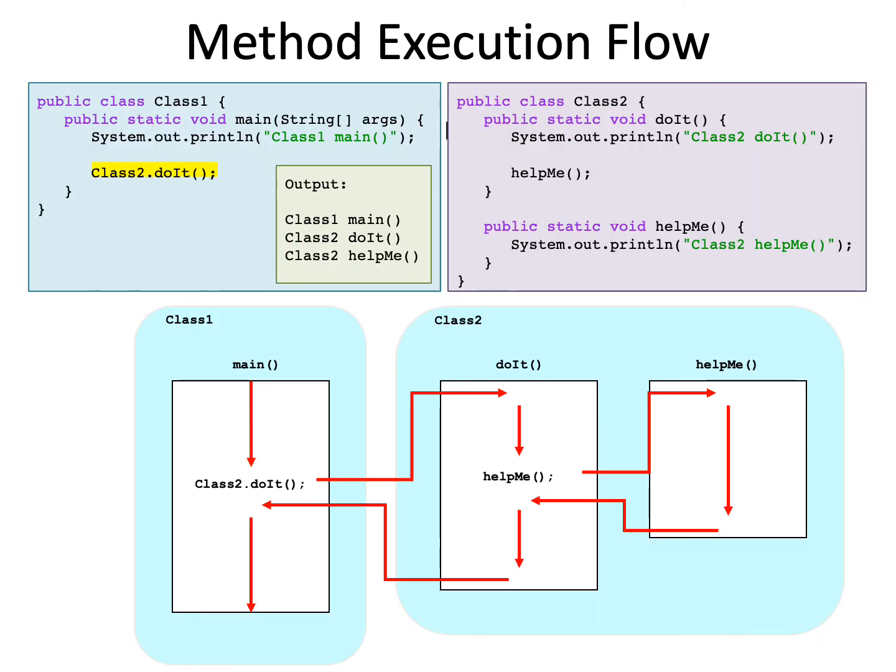This flow can be represented in this code, where in class1 main method, it calls class2 doIt method. In class2 doIt method, it calls helpMe method, where the class name is optional to be written. We can call it by class2.helpMe or simply the method name helpMe. Both work the same.